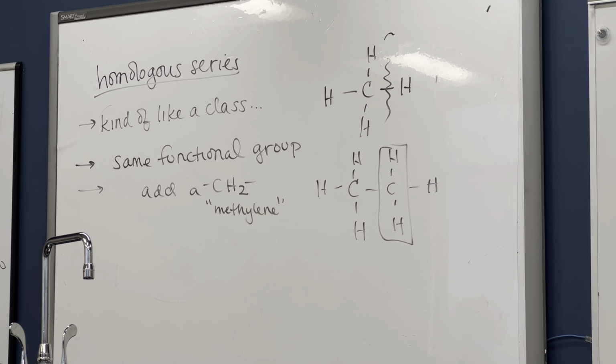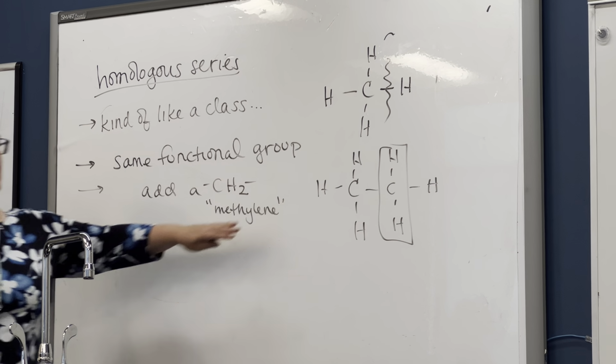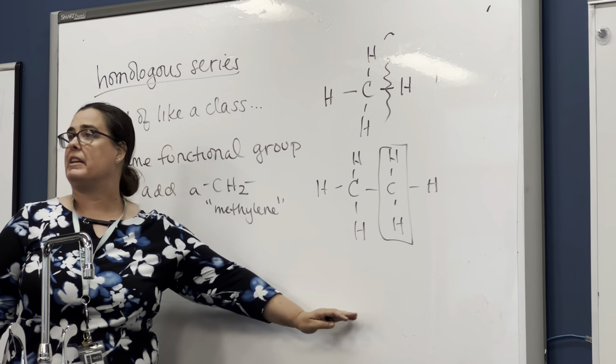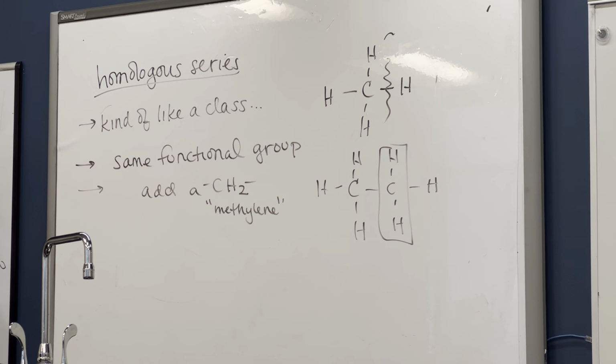The idea of this is that I'm going to have similar chemical properties. That's why my map that I erased is so good. Alcohols are going to behave in one way, alkanes are going to behave in one way, but I'm going to have slightly different physical properties because I'm going to make these chains longer and longer. Is that reasonable? So a homologous series is just a series of molecules that have the same functional group where I make them longer and longer by adding CH2. Homologous series. I thought it was a good 2 minutes.